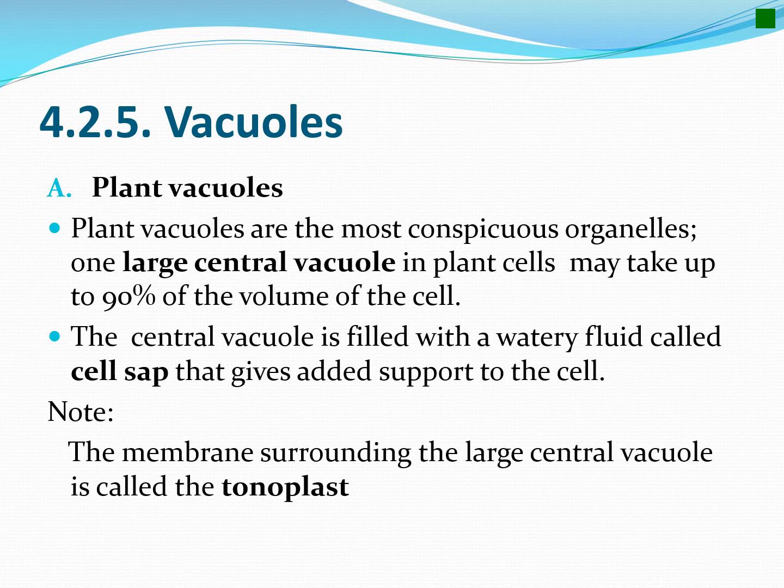Now, when a plant absorbs too much water from the soil, it can have an upright position and maximize the absorption of sunlight for photosynthesis, and this upright position is possible because that watery fluid in vacuoles increases.